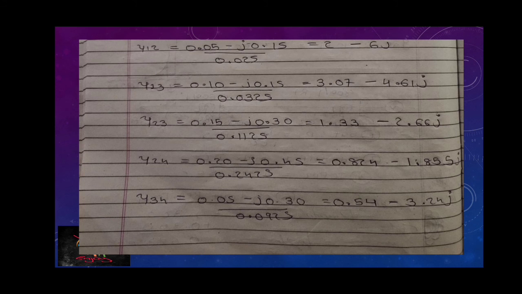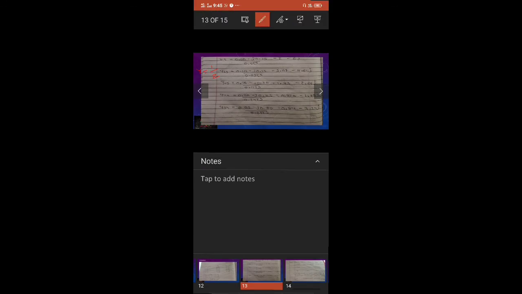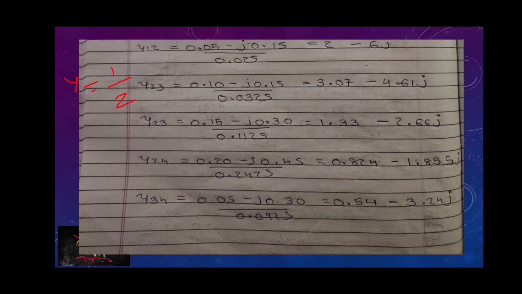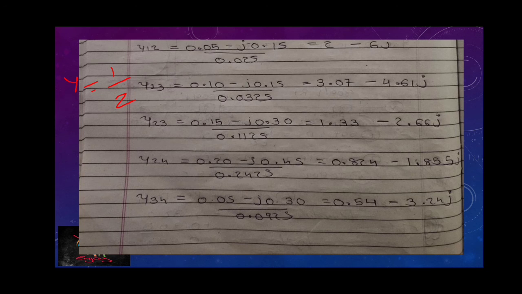Now we want to get y12. So y12 is what? In the previous part I told you that y is equal to 1 upon z. You can see that, y is equal to 1 upon z. So we have a Z value of 0.05 plus j0.15.